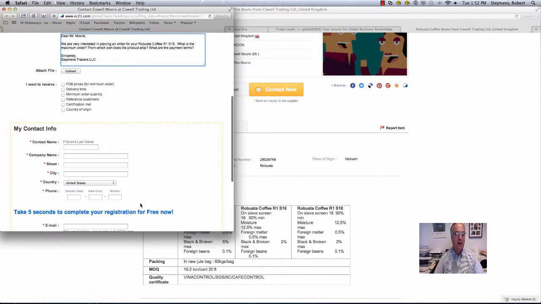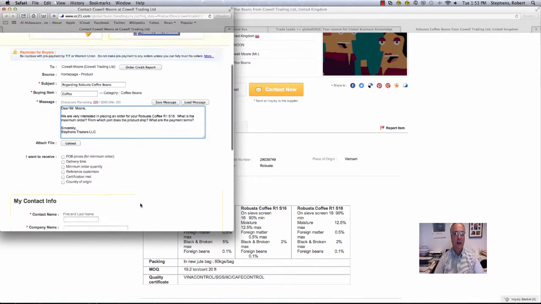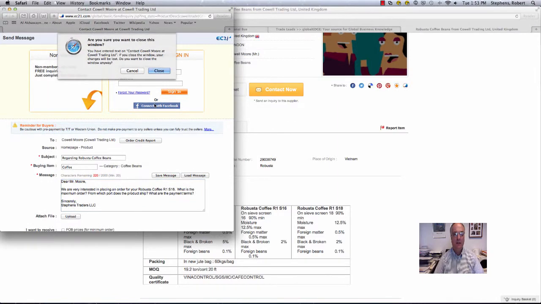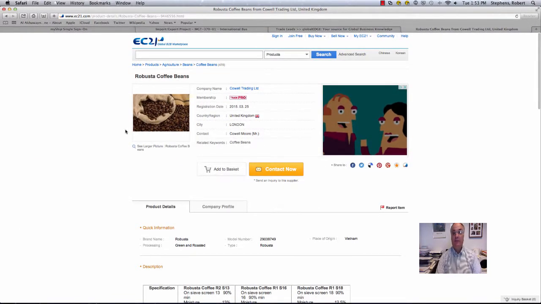So anyway, that is the basic idea, and there are infinite possibilities with sourcing different products and just poking around on trade lead websites. Try to find something that you're interested in doing, that you have some kind of a connection with, that you think there's a market for.